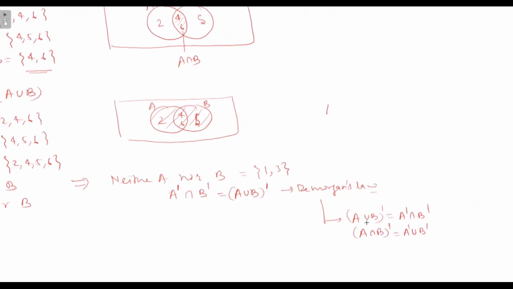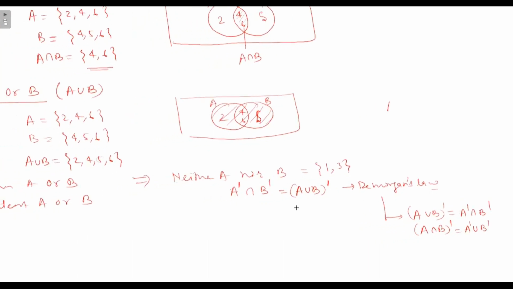So what is happening here is that there is a union here and then whole thing is a complement. Then this is equal to A complement and then union changes to intersection and this individually it comes to B complement. Here A intersection B complement becomes A complement union B complement.